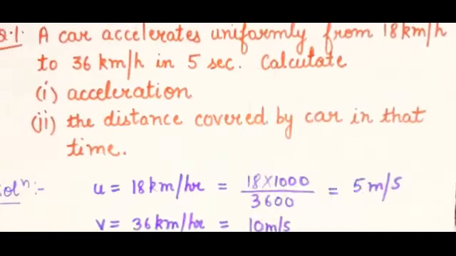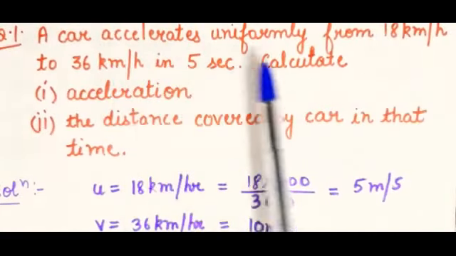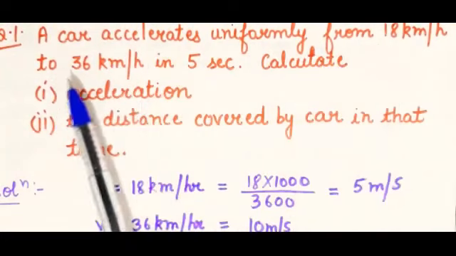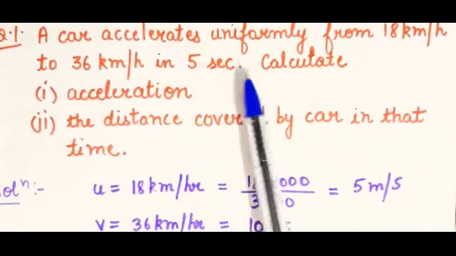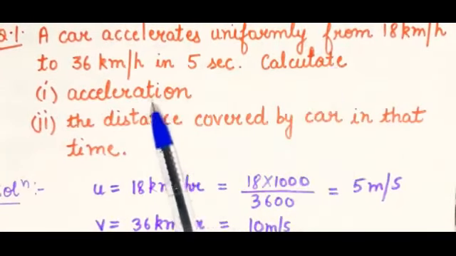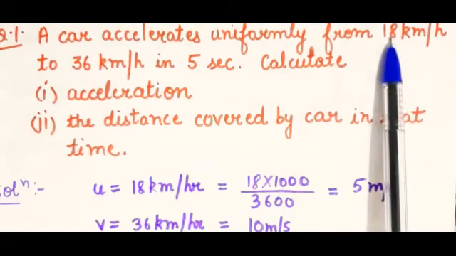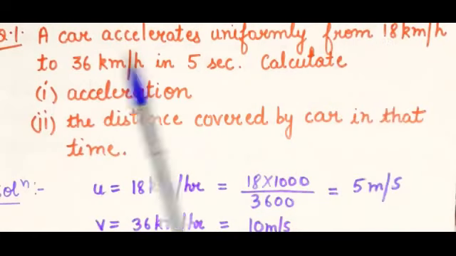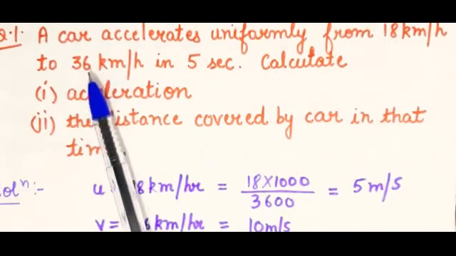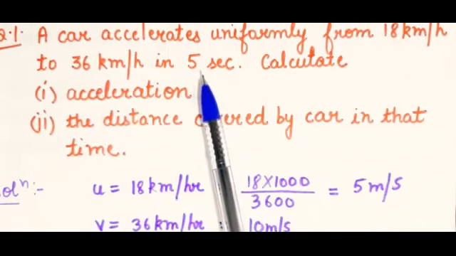So let's solve one. Your question is, a car accelerates uniformly from 18 km per hour to 36 km per hour in 5 seconds. Calculate the acceleration and the distance covered by the car in that time. Now see, 18 km per hour is the initial velocity, 36 km per hour is the final velocity, and the time period is given.